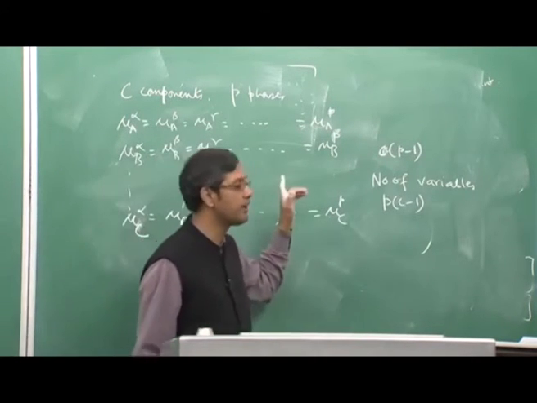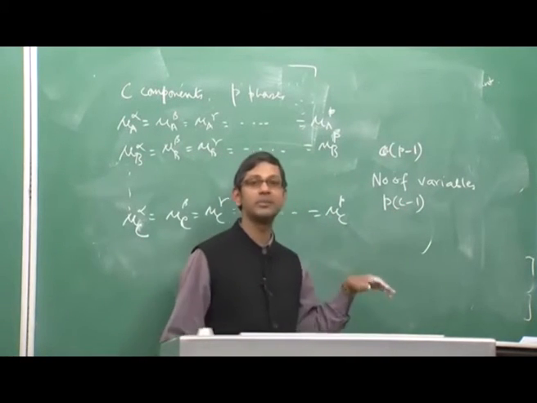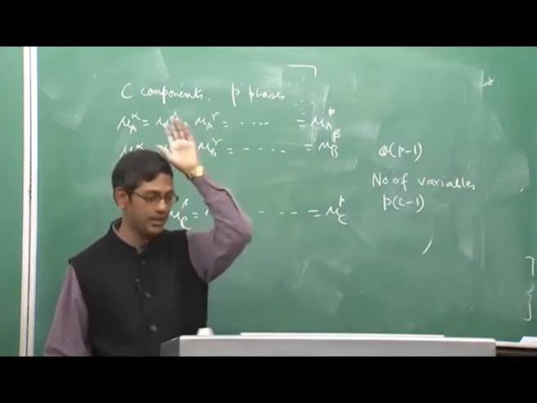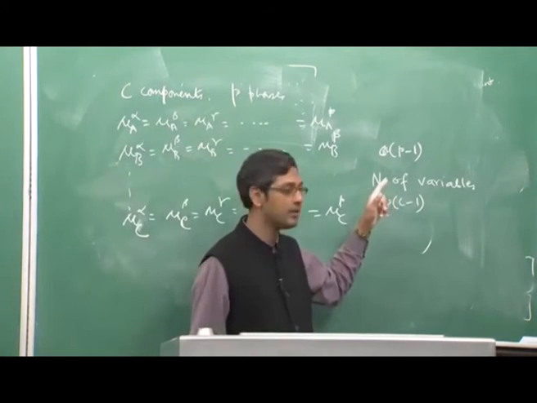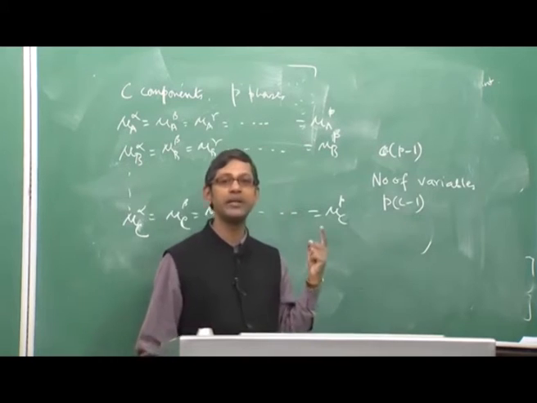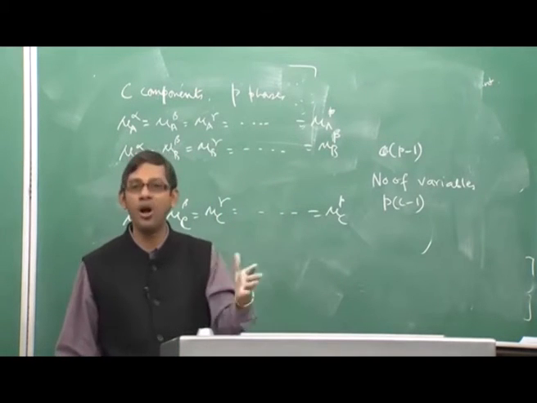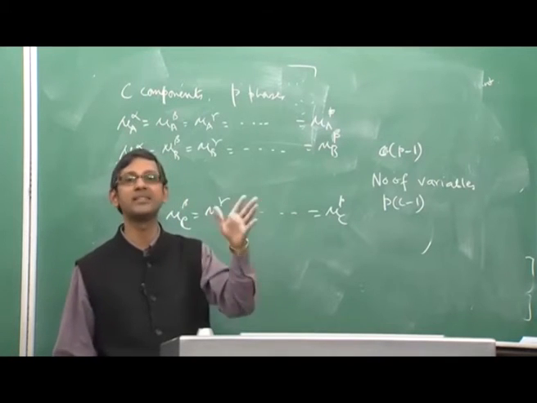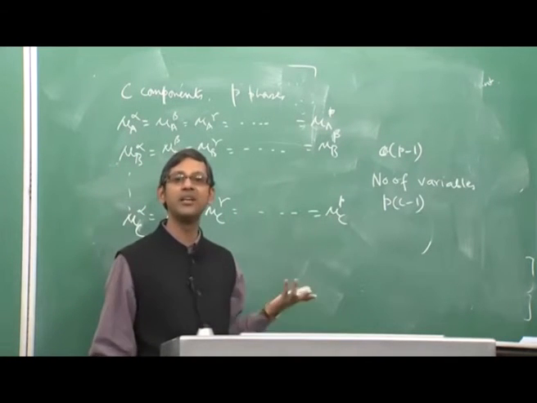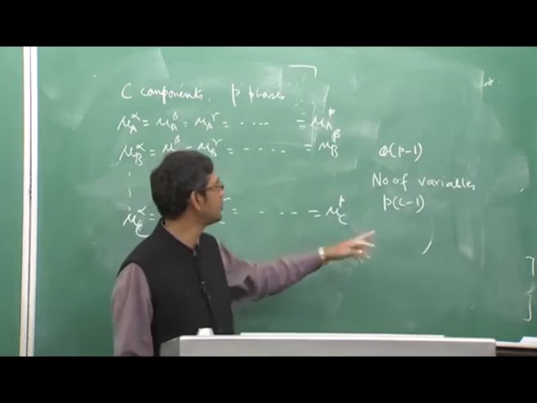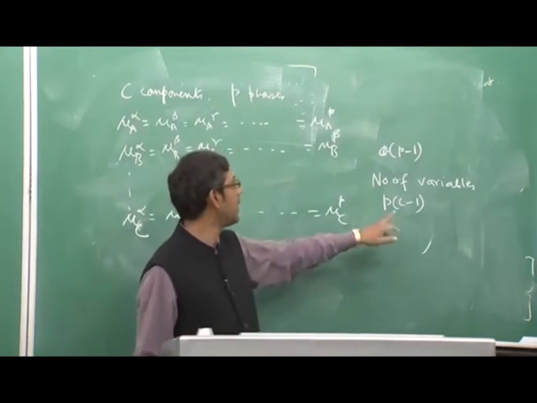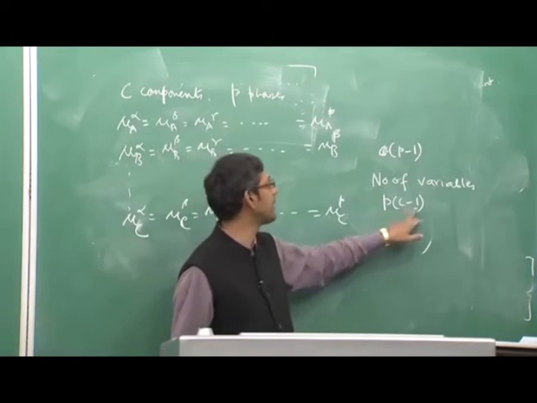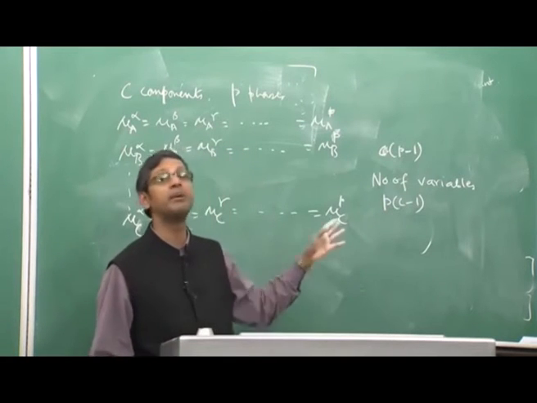Because you clearly recollect that xA plus xB plus xC plus xD plus xN equal to 1. So, if I know the mole fractions of all but the last, the last one can be easily known because the summation is equal to 1. So, that is why C minus 1. Now, there are P phases, therefore C minus 1 into P is the total number of composition variables in the system.